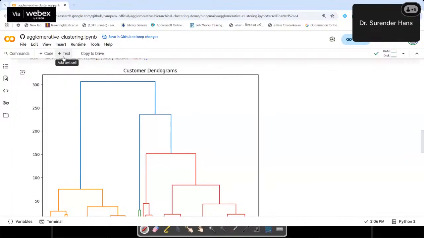And the third advantage is that it does not assume the clusters are spherical. So unlike K-means, this agglomerative clustering does not assume that clusters are spherical in shape, so it can result in more natural cluster shapes. Clear? So that is the specialty of hierarchical clustering, the advantages and disadvantages that we have discussed.